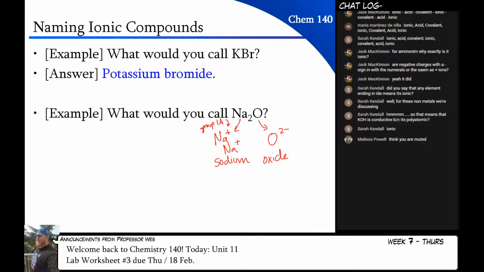Why am I muted? I think I hit the spacebar again. I'm sorry. Let's try this again. I don't know how long I've been talking here. Let me go back. So you said ionic, and I responded that ionic is the correct term to use because hydroxide is a polyatomic ion, and ions are conductive, which is the whole point of that lab.